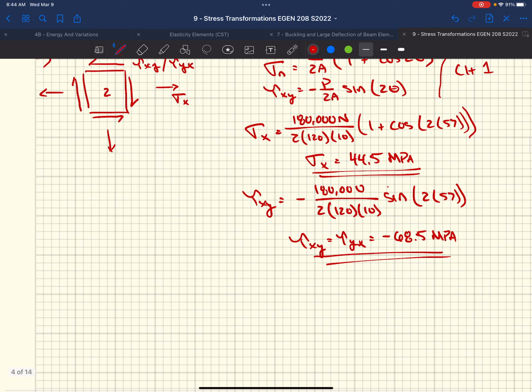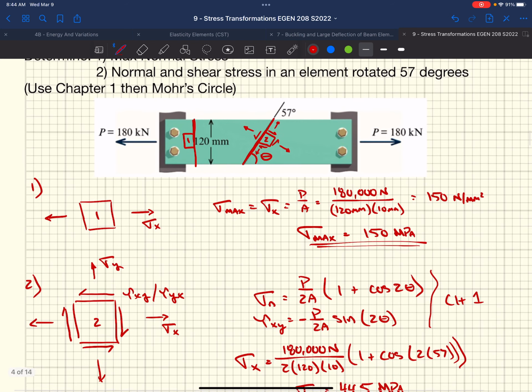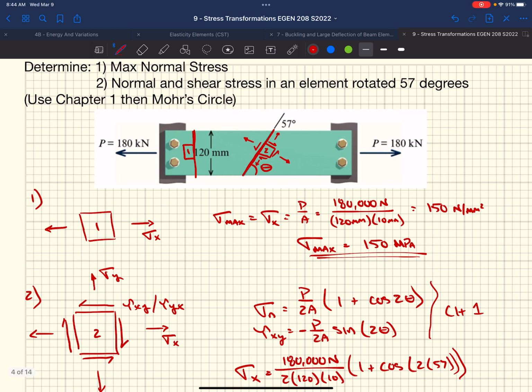Well, we also have sigma y. Sigma y is really what's going on in this direction, which is oriented at 33 degrees.